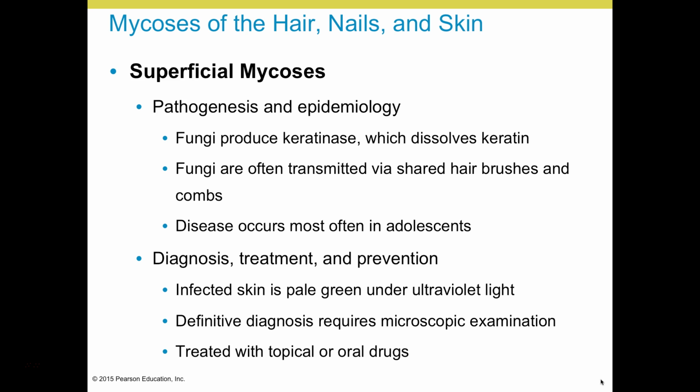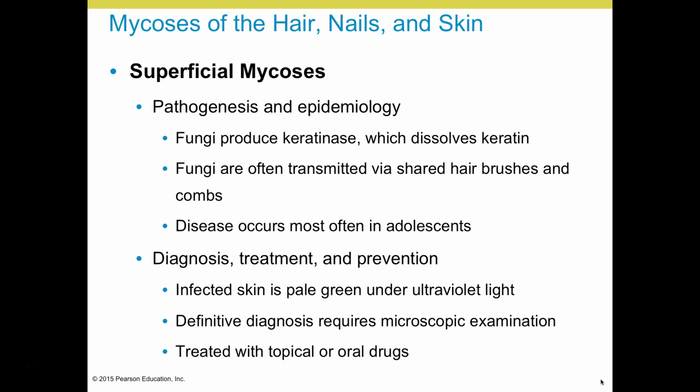So, what is the pathogenesis of the superficial mycoses? These produce keratinase, an enzyme that breaks down keratin, so it can break down keratin in your skin and even in your hair. How do you get it? By sharing hairbrushes and combs. These are the ones that affect your hair.